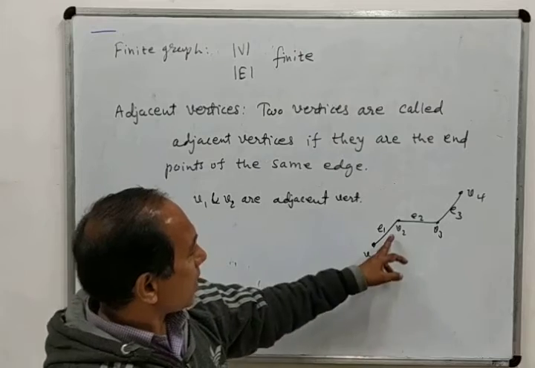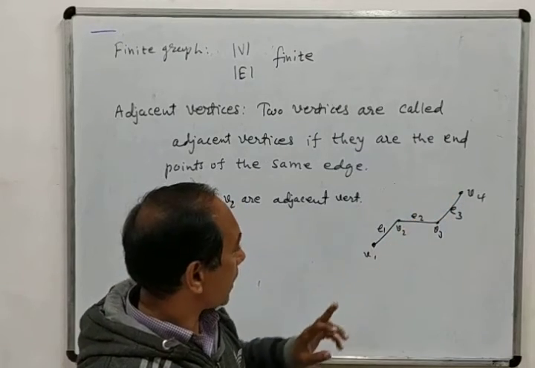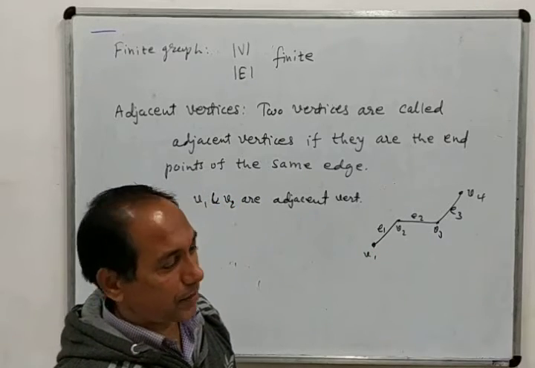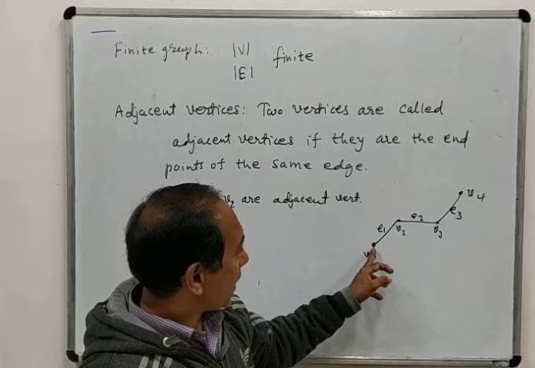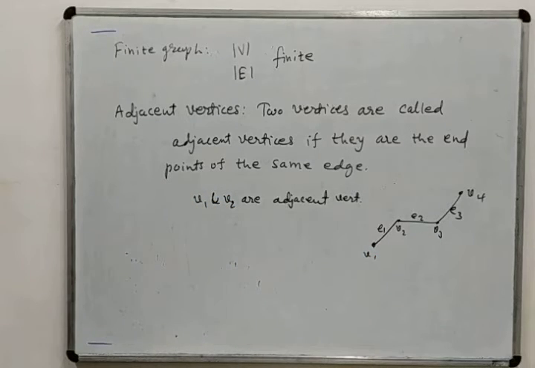Similarly, V2 and V3 are also adjacent vertices. V3 and V4 are also adjacent vertices. But V1 and V3 are not adjacent vertices because they are not the terminal points of the same edge. So this definition is also very clear.